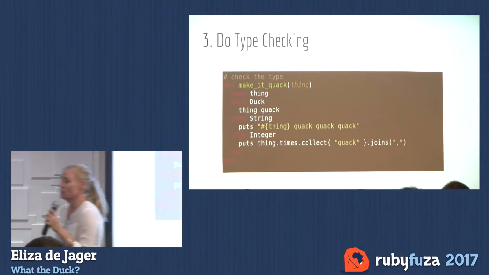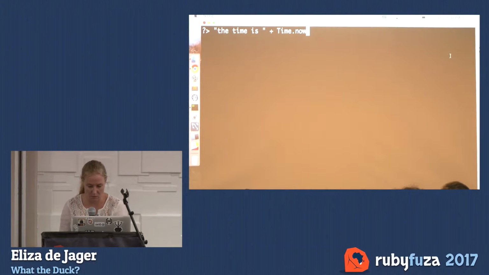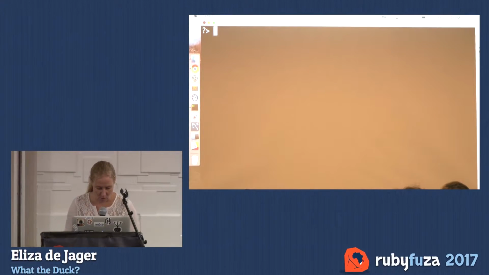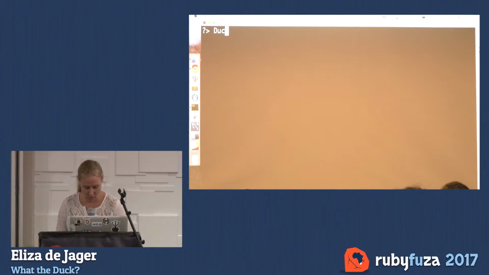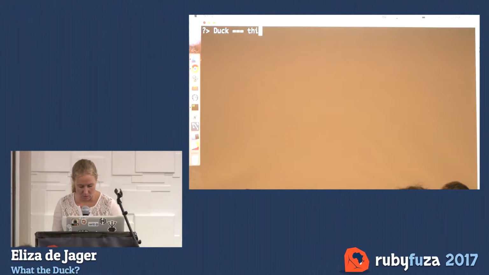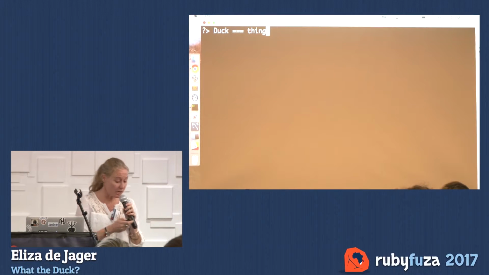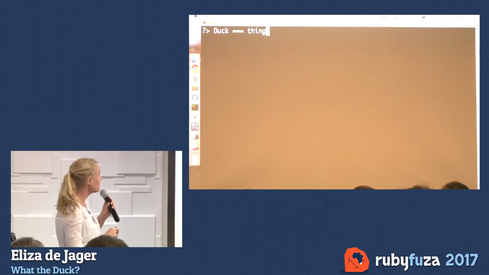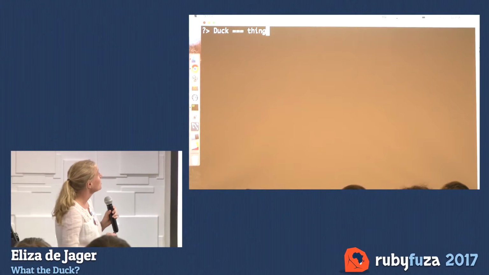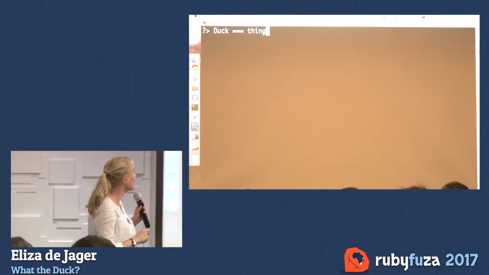So it's going to be a bit hard to code while I've got two hands that are busy, but what's actually happening is this, right? And Duck over here is a class, so it's an instance of Class. Triple equal has been defined on Class to check whether its parameter is an instance of the class.